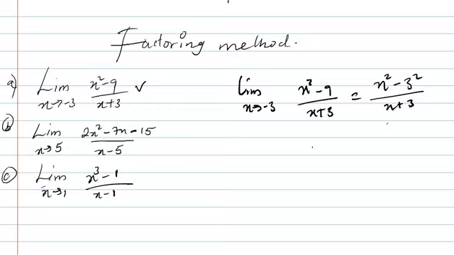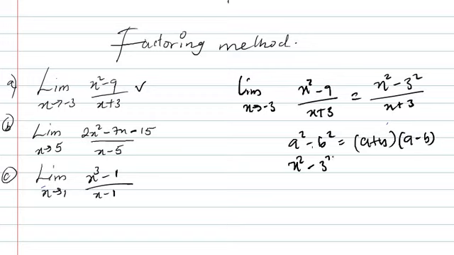The numerator here is a difference of two squares. When you have a squared minus b squared, it is the same as a plus b times a minus b. So using this, we have x squared minus 3 squared, therefore this can be x plus 3 times x minus 3.